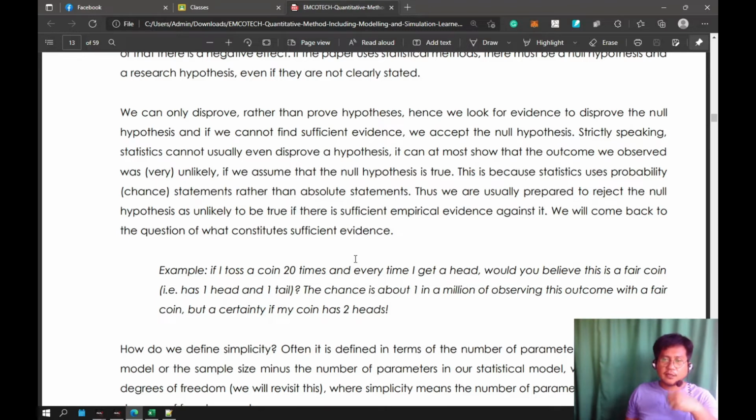So for that, 20 times toss, 20 times the head comes up. Would you believe that it is a fair coin?